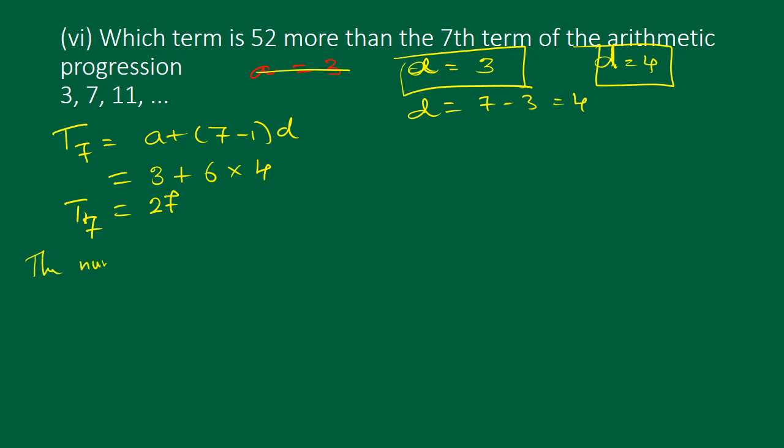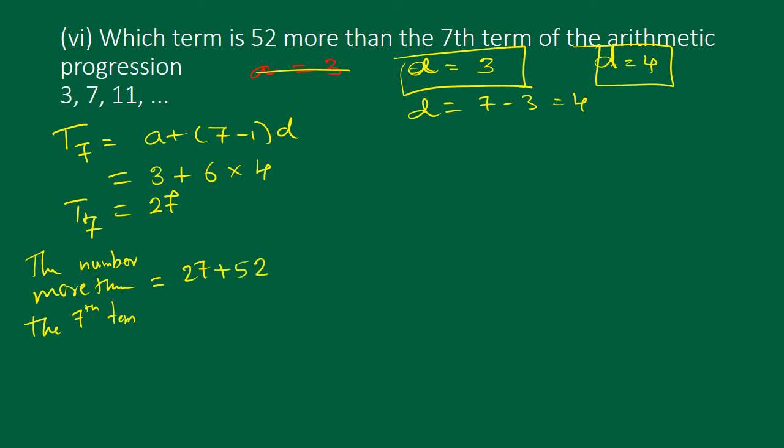And you get the number 52 more than the 7th term. This is equal to 27 plus 52, right?